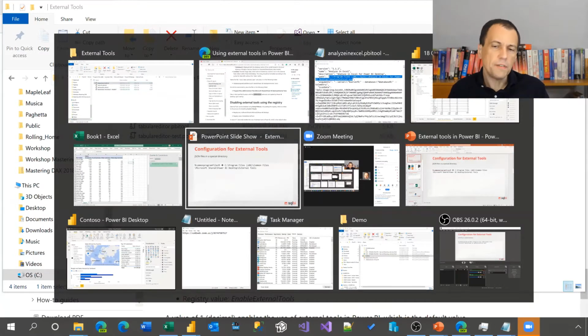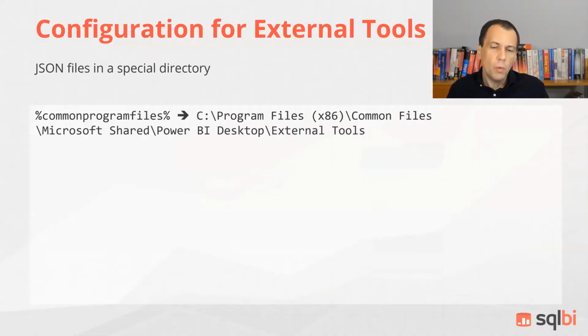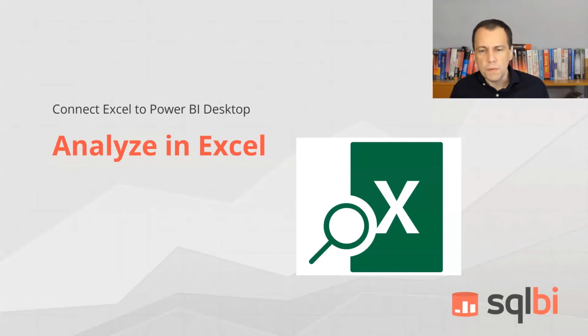What we have seen so far is that we can use this special folder defining files that have instructions to create additional buttons in the Power BI ribbon. Each button corresponds to an external tool that can receive information about the current database and local instance of the engine that manages the data that you have in Power BI Desktop.